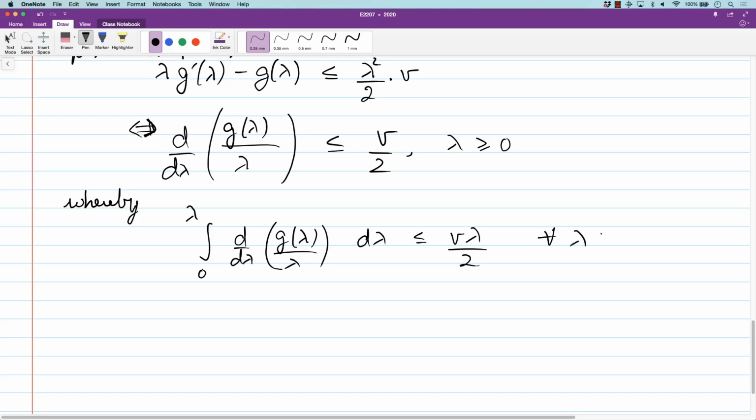And this is true for all lambda greater than or equal to 0. But this guy here is just g lambda by lambda minus the limit as x goes to 0 of g of x by x.